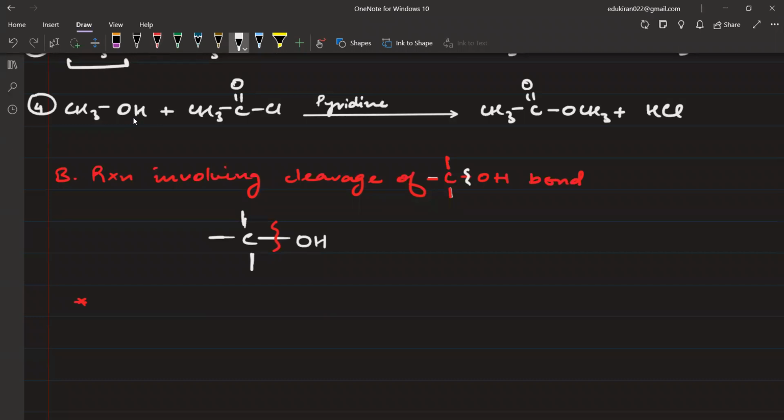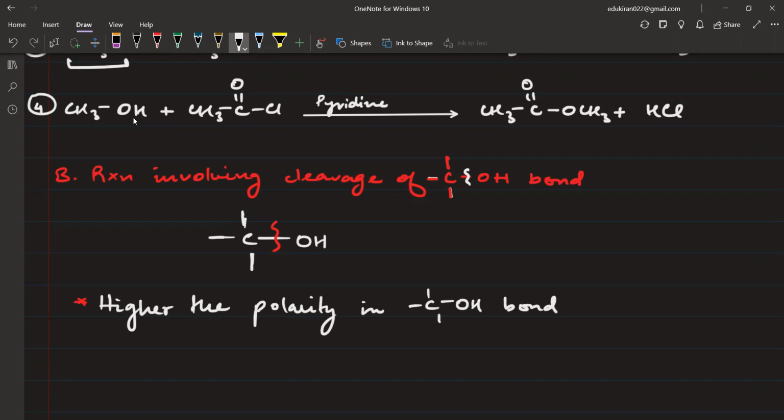First point regarding this, higher the polarity in COH bond, easier it is to break the bond.